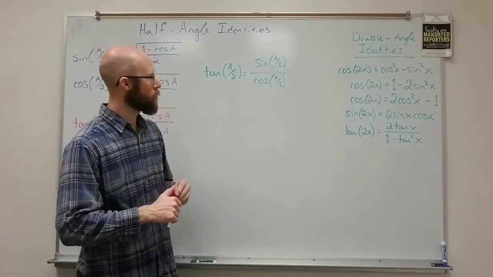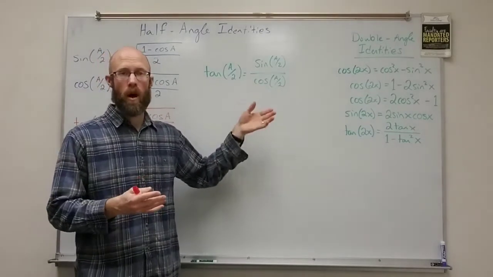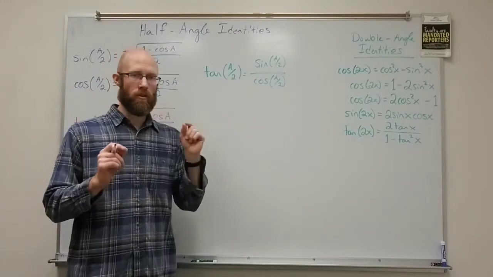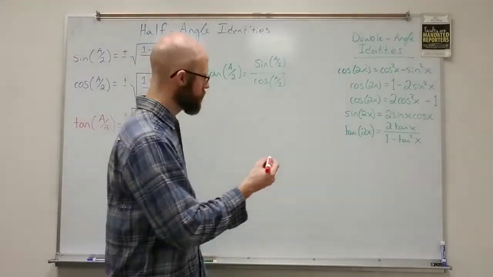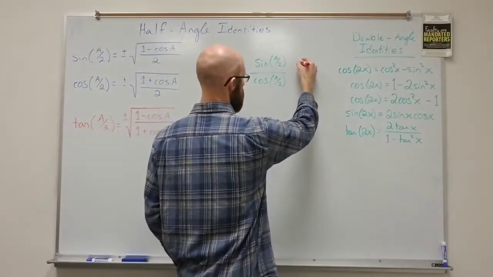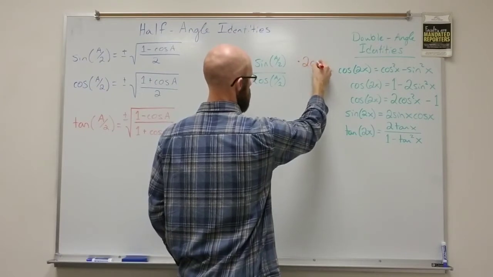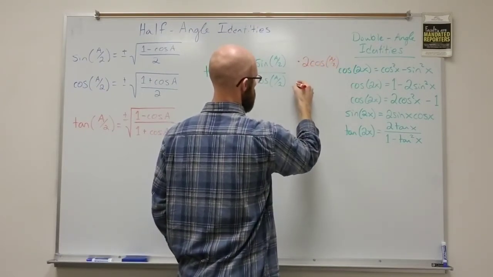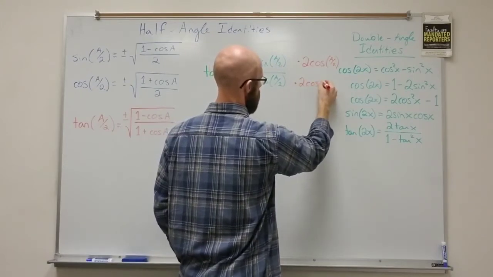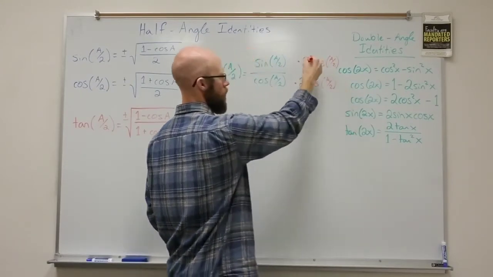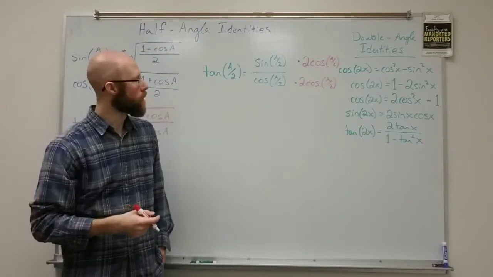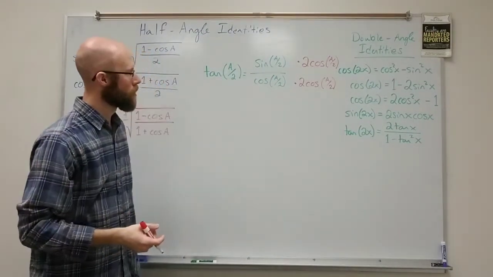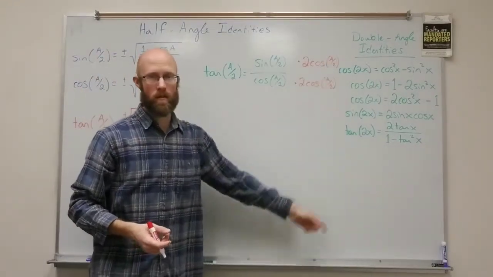I'm going to multiply this fraction by 1. If I multiply by 1, it doesn't change things, right? The form that 1 is going to take is going to be 2 times the cosine of a over 2. As long as I do that to the top and the bottom of the fraction, it doesn't change the value of the fraction. I'm just multiplying by 1 essentially.